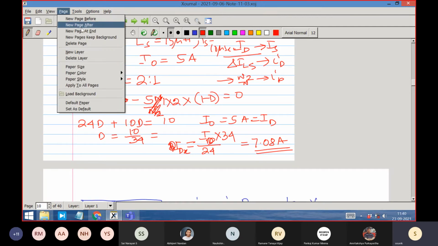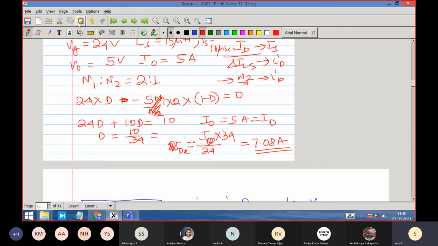So now, new page after this. IDX is equal to 7.08. I have to find out delta IL. The voltage across it is V naught, LS is equal to 15 microhenry. So V naught is already 5 volts divided by 15 microhenry into time, which is 1 minus 10 by 24 into 10 microsecond.